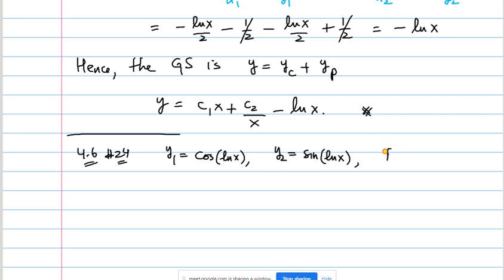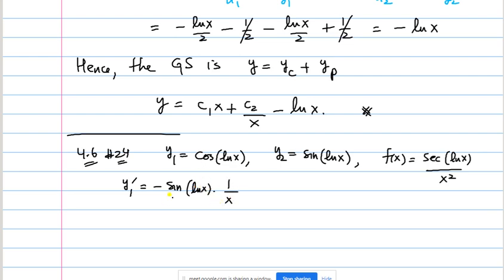And f of x is the right hand side, which is secant log of x divided by x square. Because the equation has x square y double prime, it is a Cauchy-Euler equation, so you can divide by x square to get f of x. If I take the first derivative, it will be minus sine of log of x into the derivative of log of x.